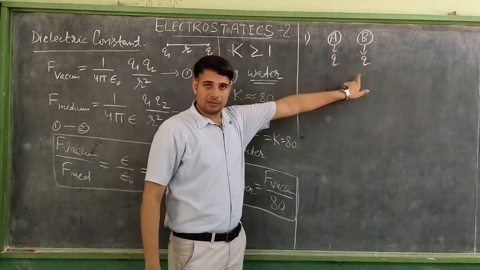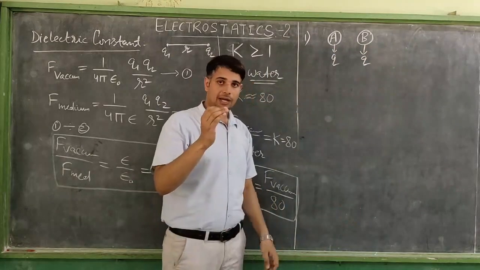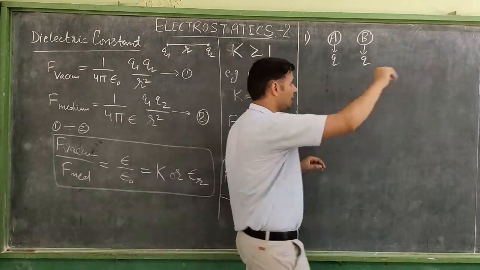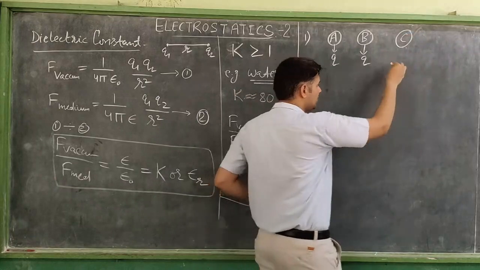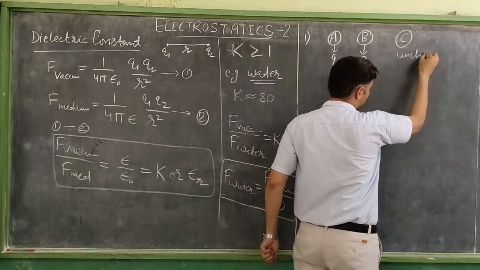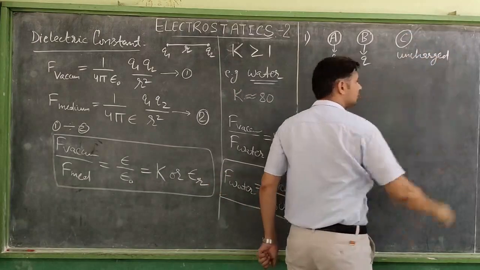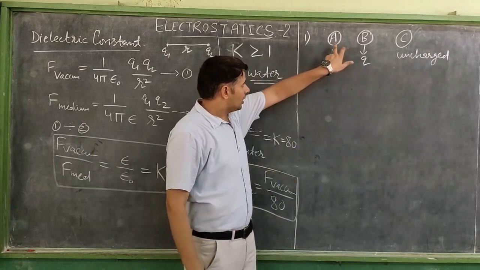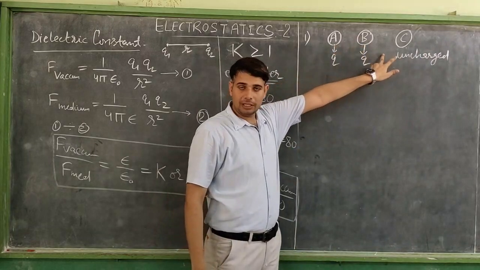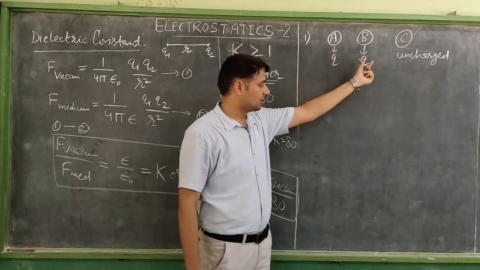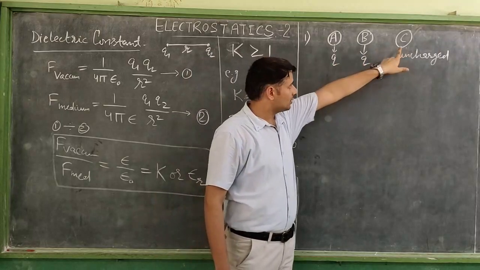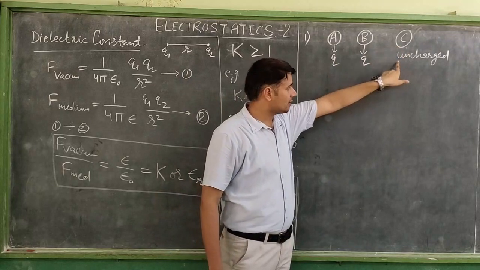What is given in the question? That we are bringing a third sphere of identical size, but this is uncharged. Metal spheres A and B are charged equally. This is positive Q, this is also positive Q. But the third metal sphere, that is C, is uncharged.